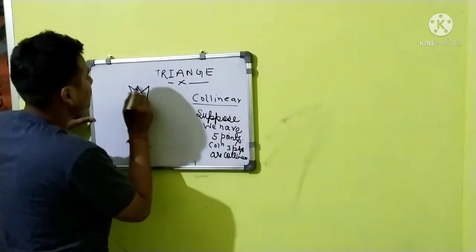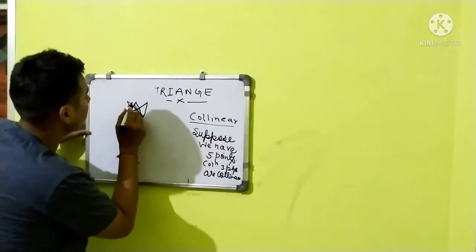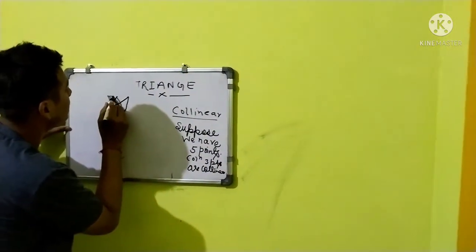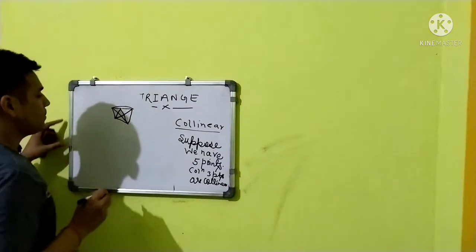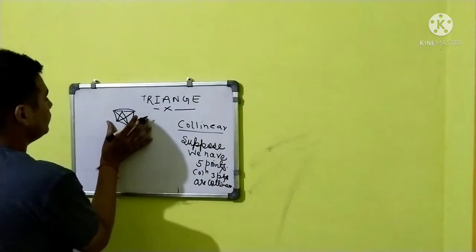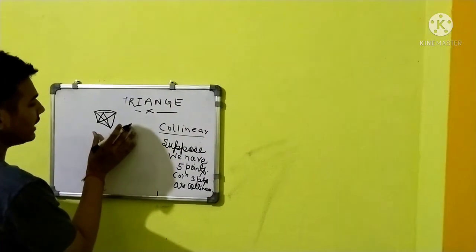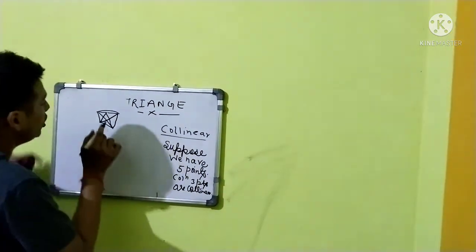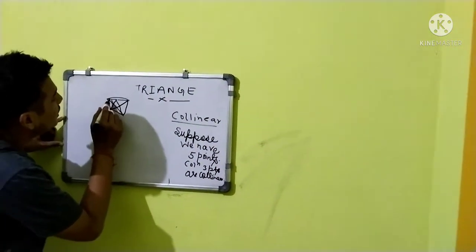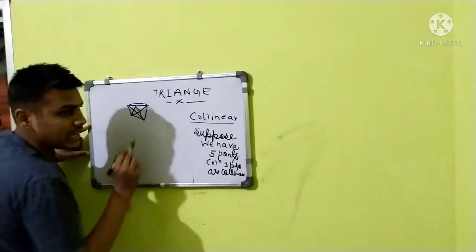Now the most important thing: if you make a triangle from these 3 collinear points, what result will you get? We cannot get any triangle, because to make a triangle we need at least 3 non-collinear points. If 3 points are collinear, we cannot get any triangle.